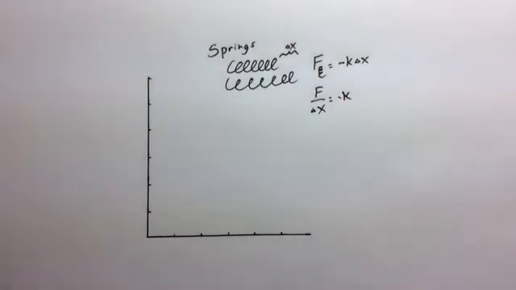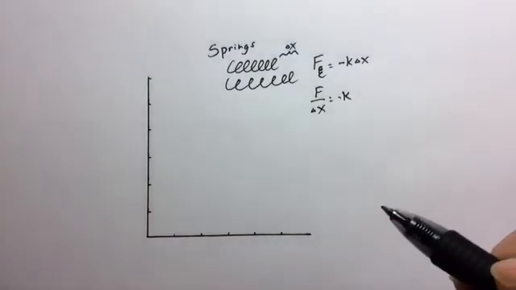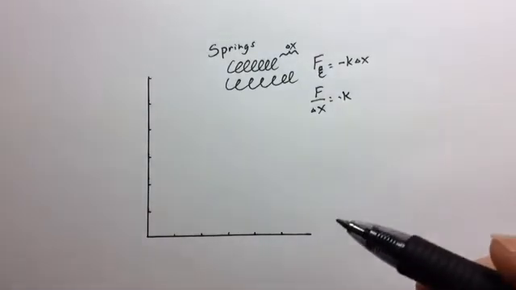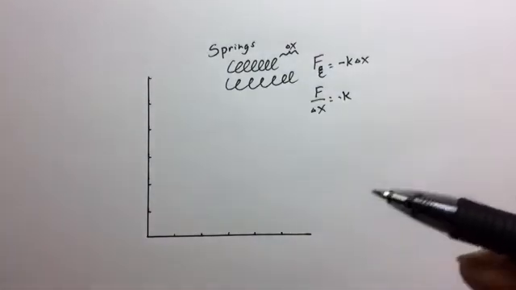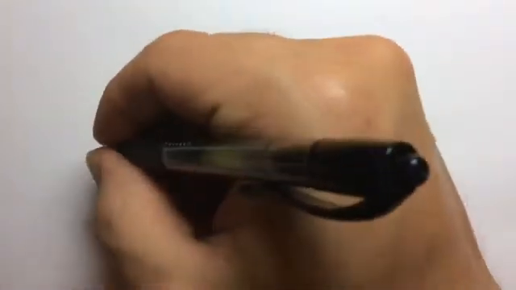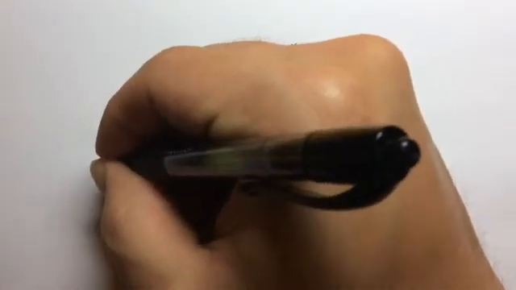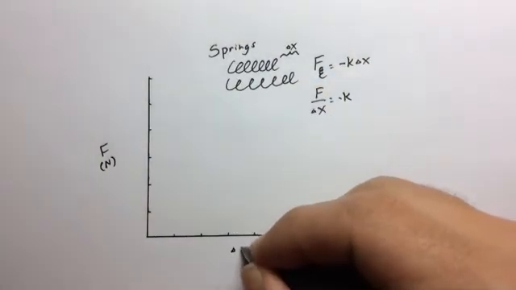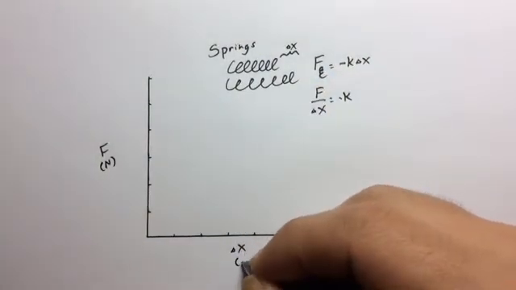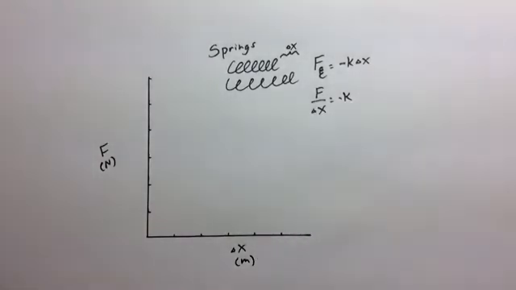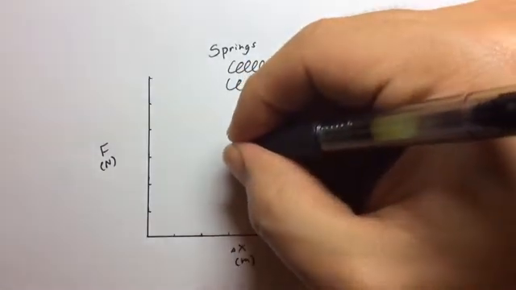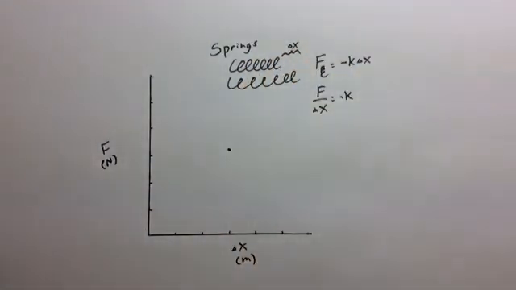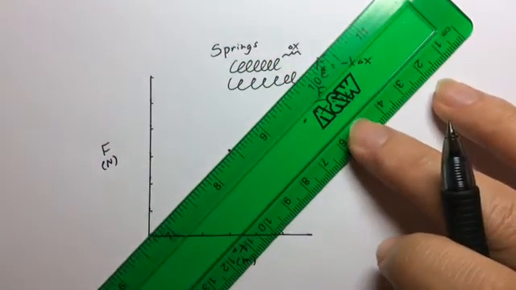Well, imagine what's going on there. For every f you have, you measure some x, that's going to give you some k. So if we had a graph of force, in units of newtons, and we got some change of position x here, in units of meters. Well, if we had, let's say, this one data point, and you found k, you pretty much found the slope of whatever line that is.